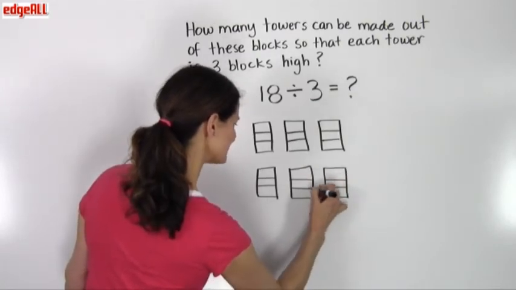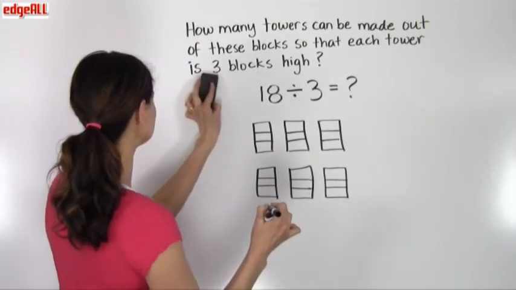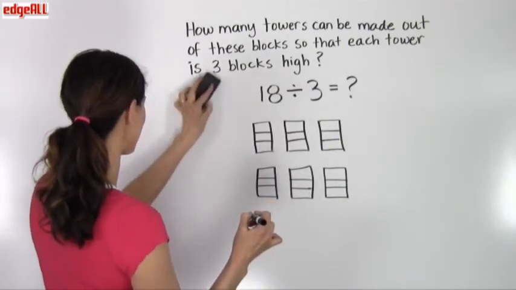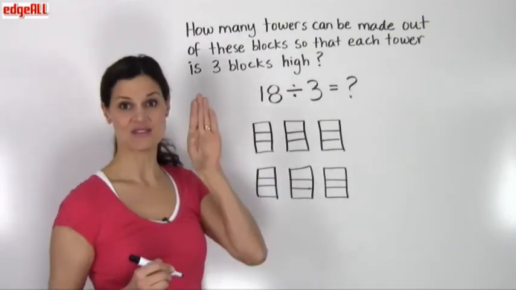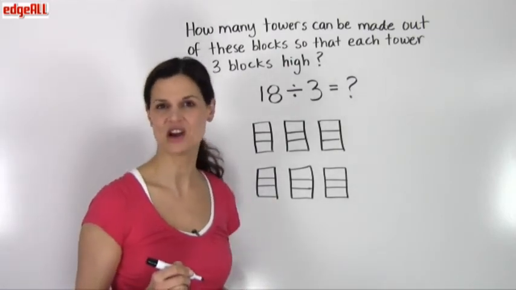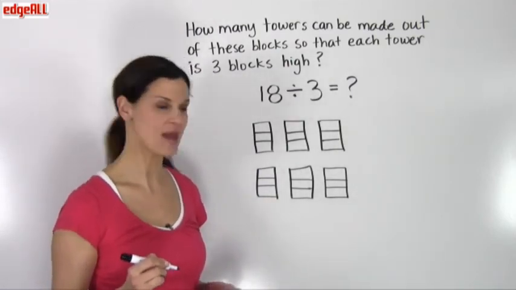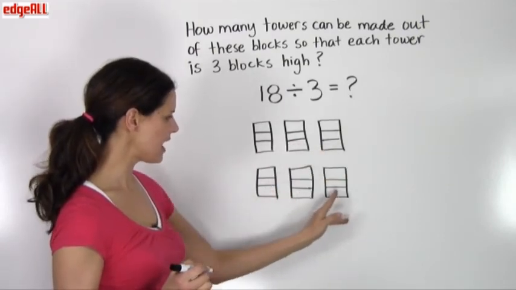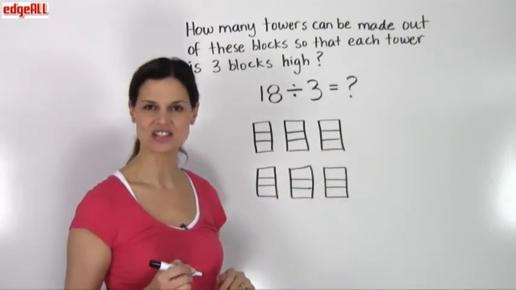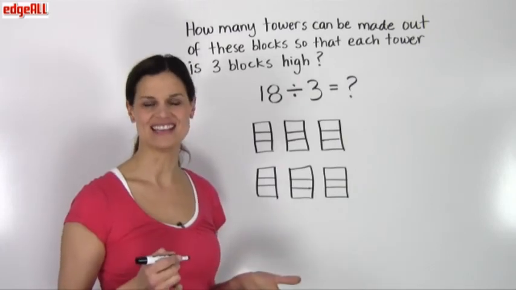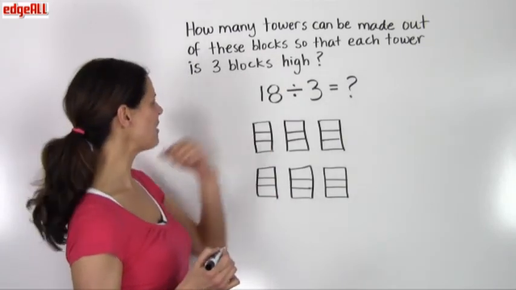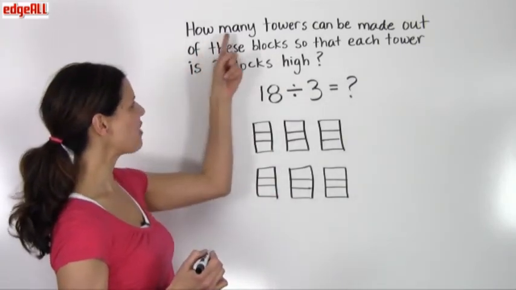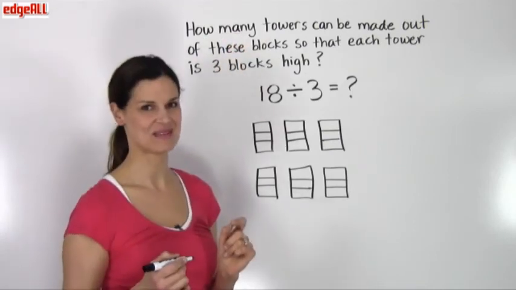I'm going to erase those so I no longer have any left in my total. I've used up all the blocks that I started with, and I've made these little towers, or little stacks of 3 blocks each. So the answer to my problem here is, how many towers can be made?